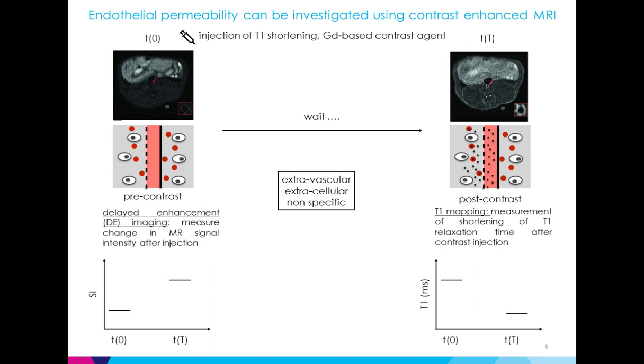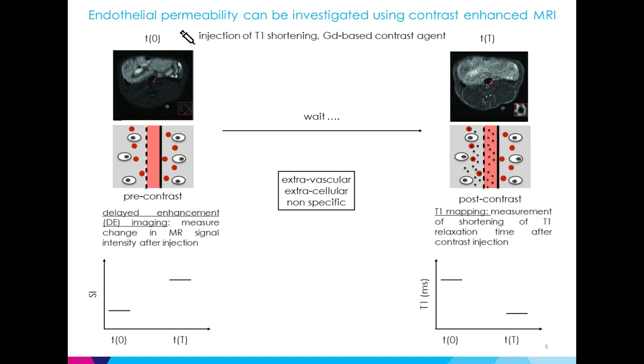Focusing specifically on endothelial permeability, there are several ways that this parameter can be quantified and investigated using magnetic resonance imaging, which is the focus of our talk. Most methods that are used in atherosclerosis are based on contrast agent injections, so the use of contrast-enhanced MRI.